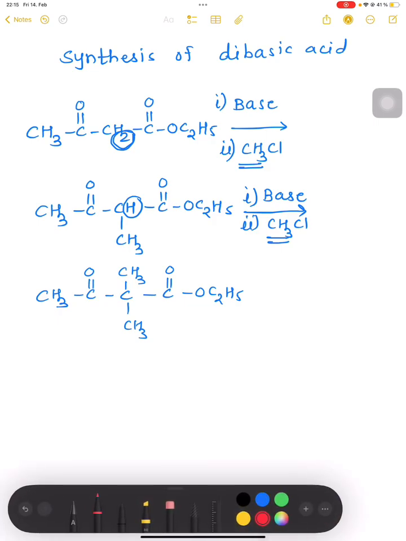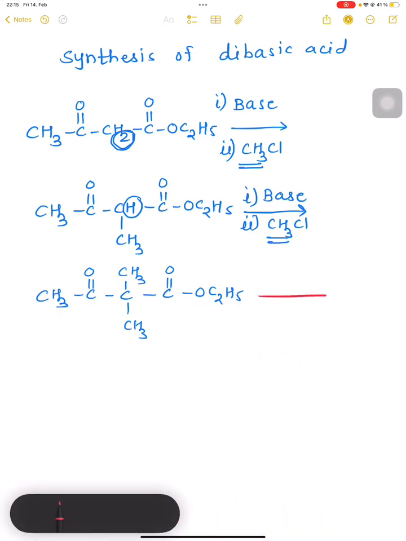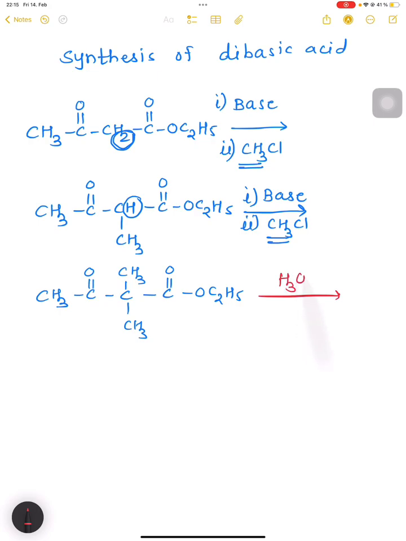When it undergoes hydrolysis, this bond and this bond are going to break. H and OH will be added here.